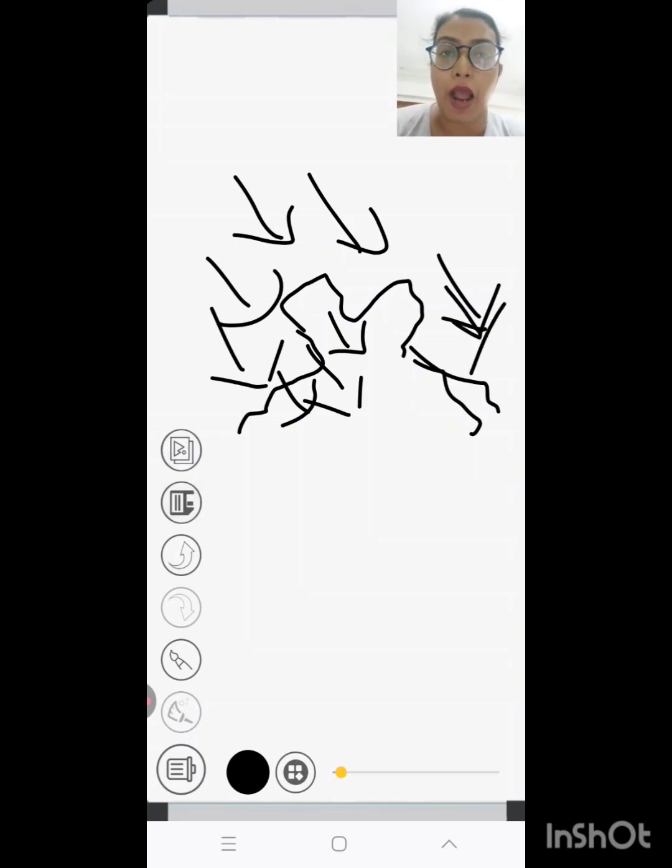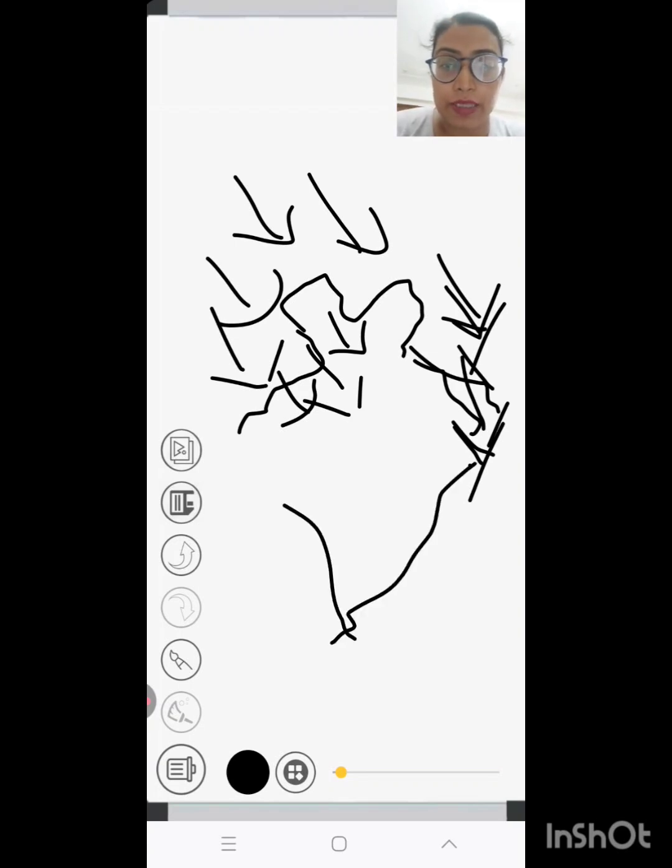Now the other part, that is the easterly jet stream, travels over the eastern part of India and forms the tropical depression in the Bay of Bengal region.